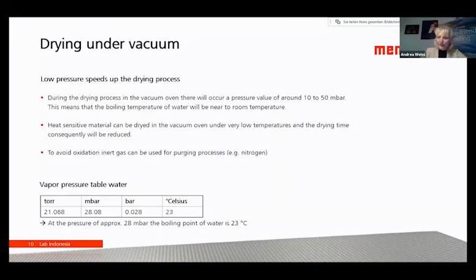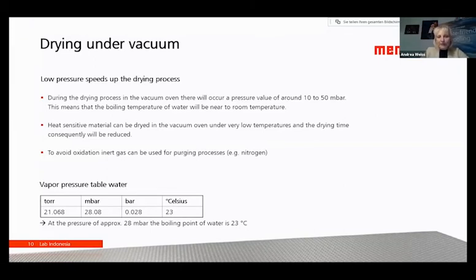So drying under vacuum, to have a look on that one again. So like mentioned before, this is the process for very sensitive material. It means low pressure, speeds up also the drying process. So during the drying process in the vacuum oven, there will occur a pressure value of around 10 to 15 millibar.